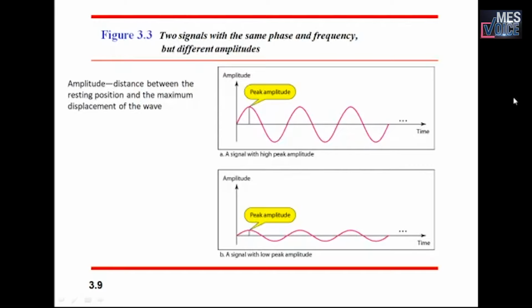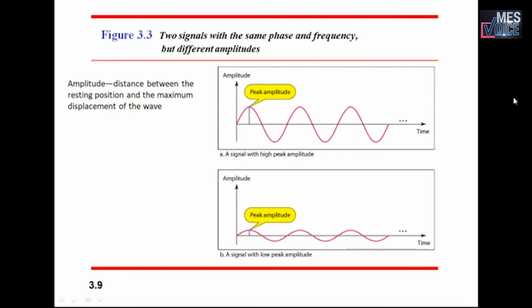Now, consider two signals with the same phase and frequency, which means the rate of change and the starting point are the same for both the waves, but the amplitude is different. As you could clearly see in the picture, figure A is showing a wave with a peak amplitude which is higher than the peak amplitude of figure B.